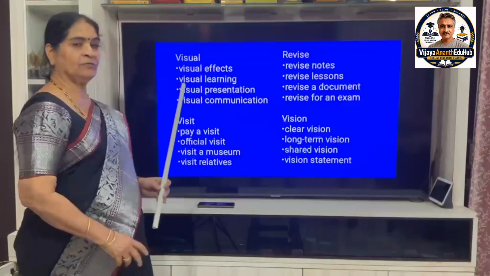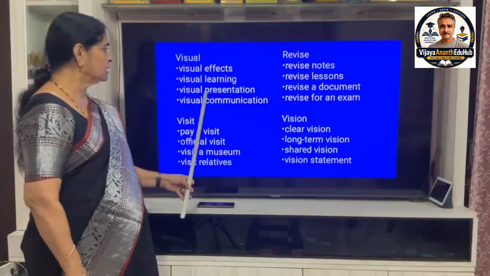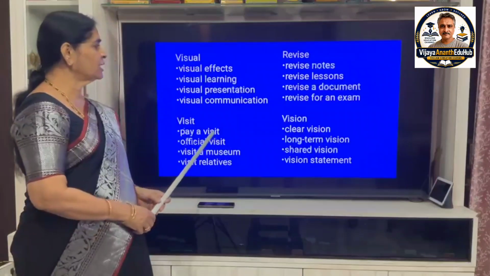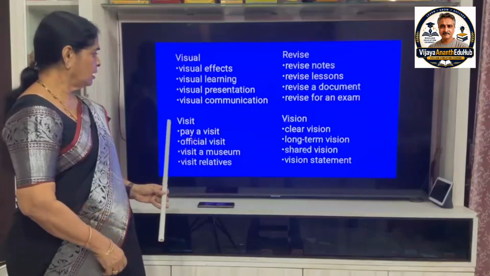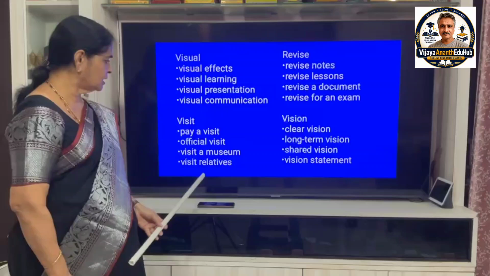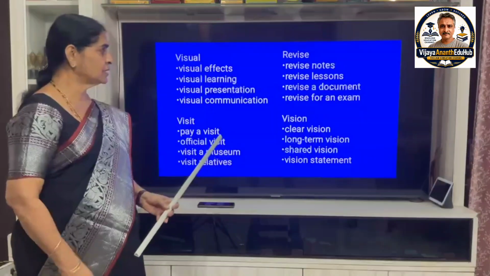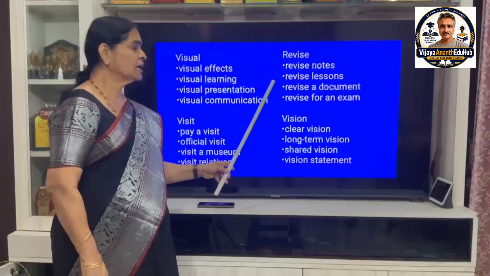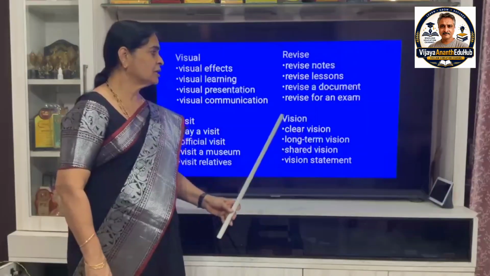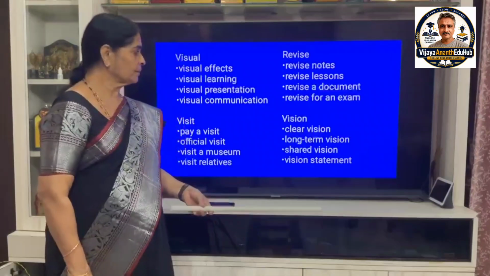Next one, visual. For visual: visual effects, visual learning, visual presentation, visual communication. For visit: pay a visit, official visit, visit a museum, visit relatives. For revise: revise notes, revise lessons, revise a document, revise for an exam, revise a project.